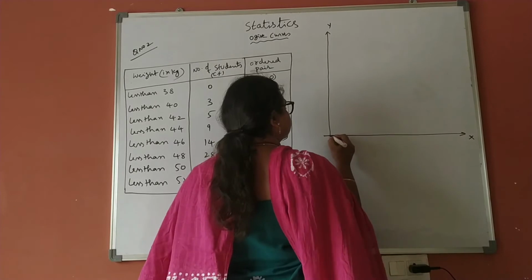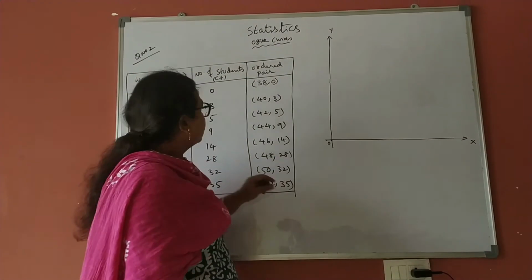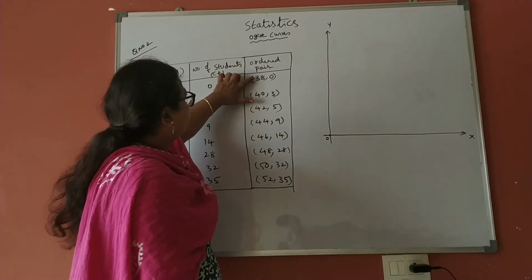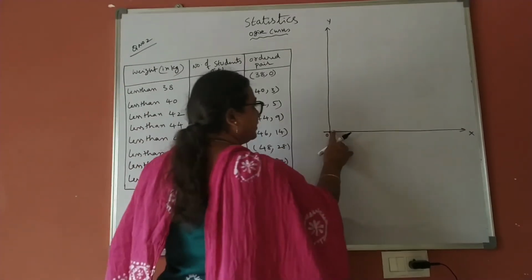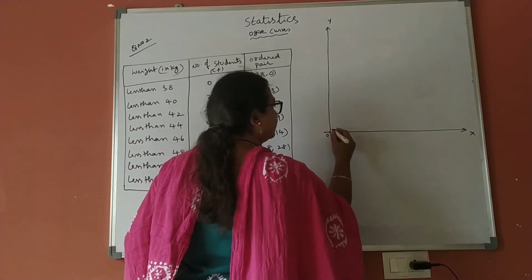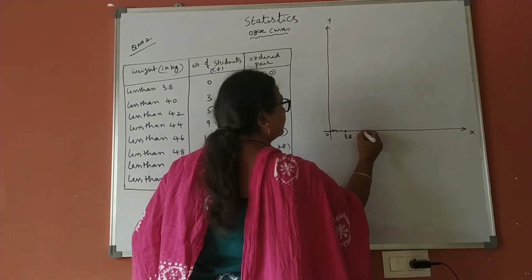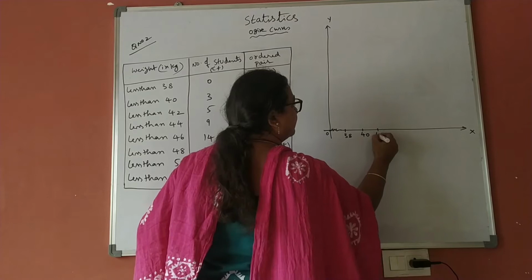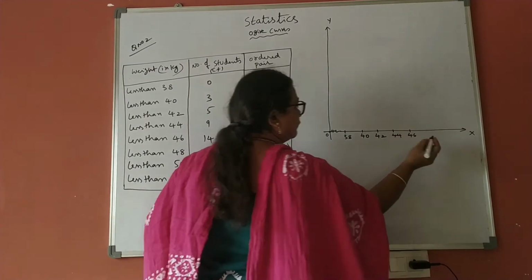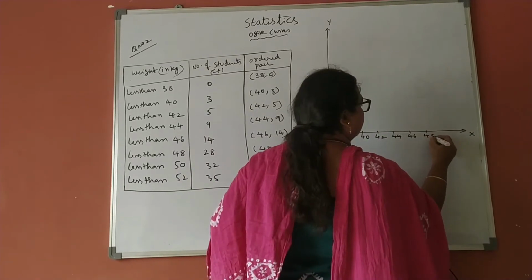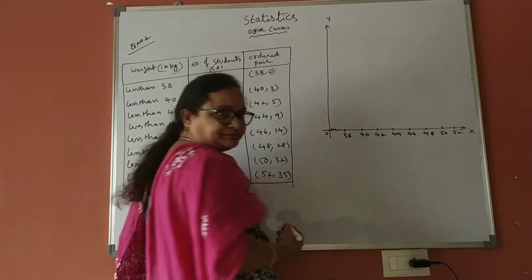X-axis, y-axis, origin. On the x-axis we will take the upper limit: 38, 40, 42, like that. So we use a kink. Here also we use a kink. 38, 40, 42, 44, 46, 48, 50, 52.